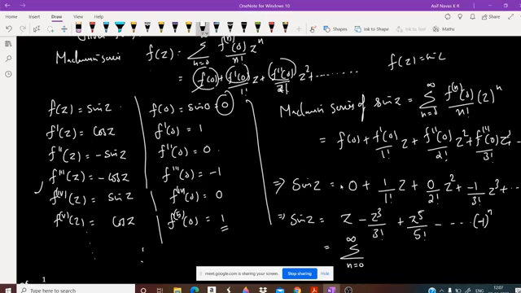Minus 1 power n z raised to 2n plus 1 divided by 2n plus 1 factorial. Okay, so n equal to 0, then z by 1 factorial, so that is z. N equal to 1, then minus z cube by 3 factorial, and so on.